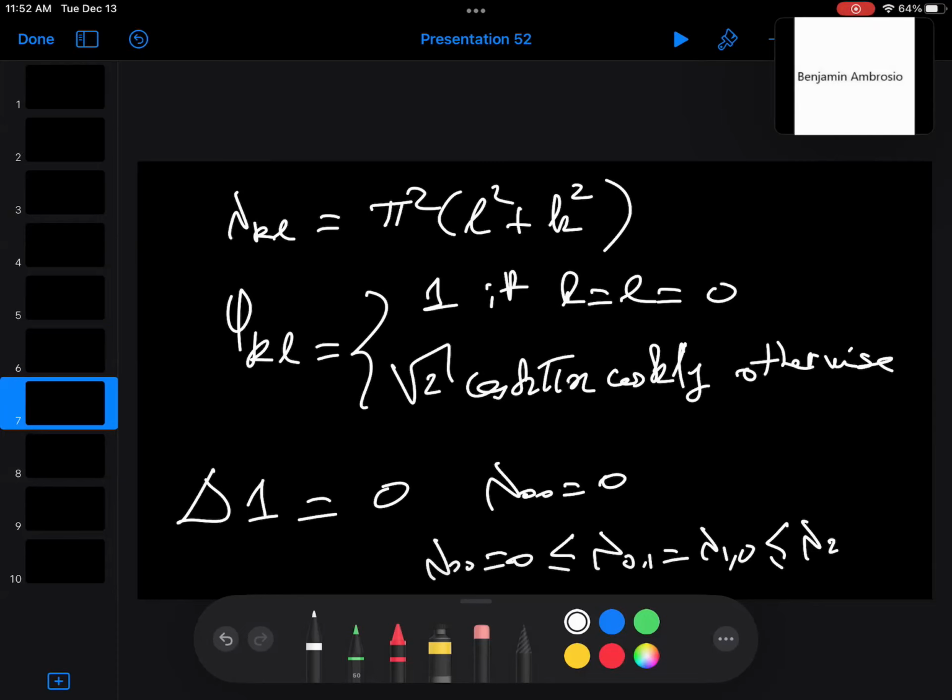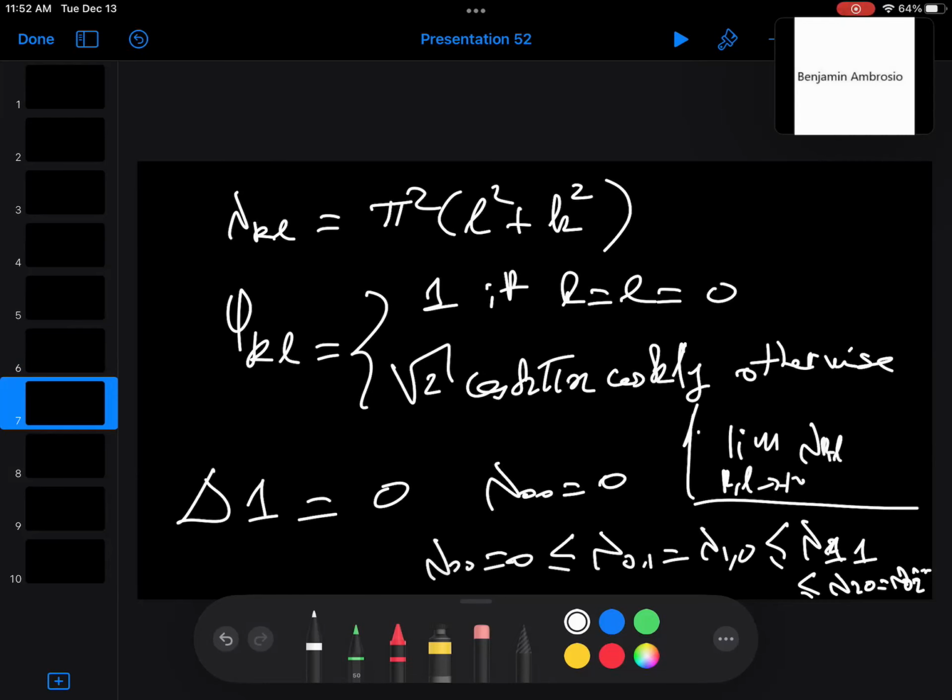So lambda_11 is less than lambda_20 equals lambda_02, etc., etc. So you can order all your eigenvalues, and you have that the limit as kL goes to infinity of lambda_kL is plus infinity.